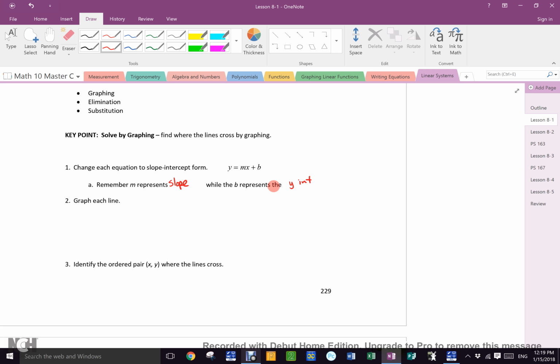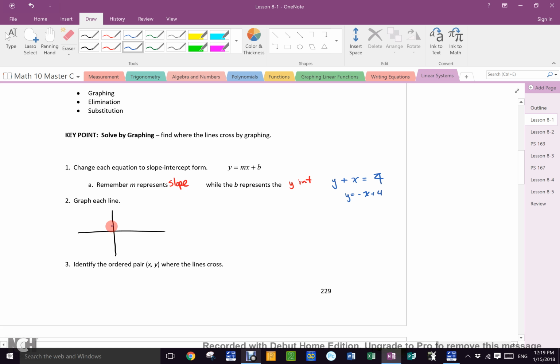Okay, so if I were to give you this, for example, y plus x equals 4. Could you graph that? What would you do? You'd move the x and you would have y equals negative x plus 4, yes? Yeah. And then we would graph it.